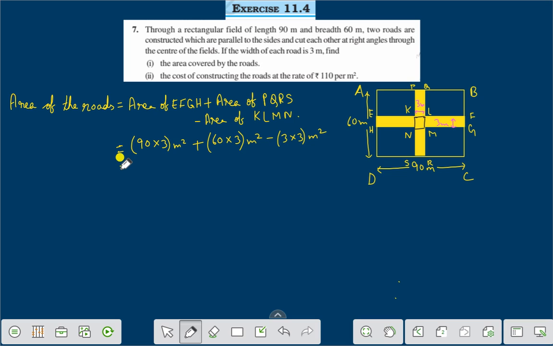The values we get are 270 meter square plus 180 meter square minus 9 meter square.